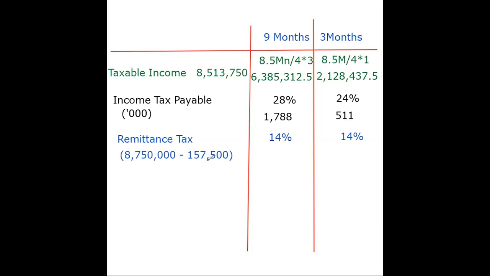You need not analyze the dividend separately; we can just exclude the dividend part and apply 14%, right?